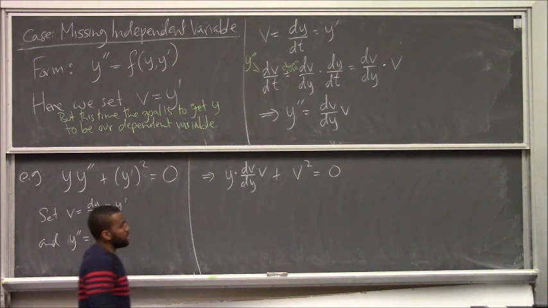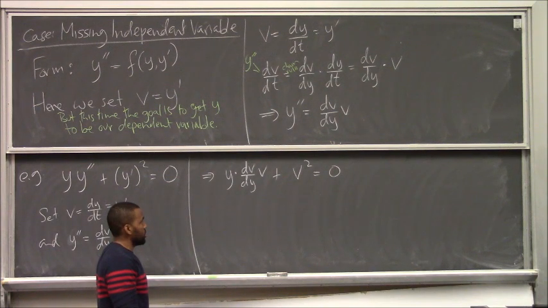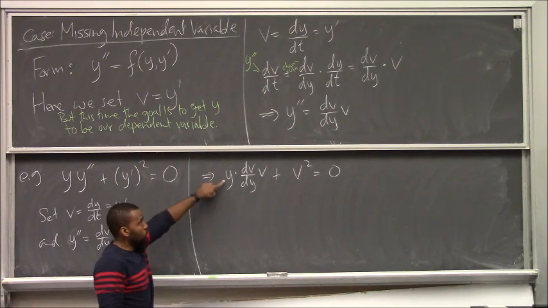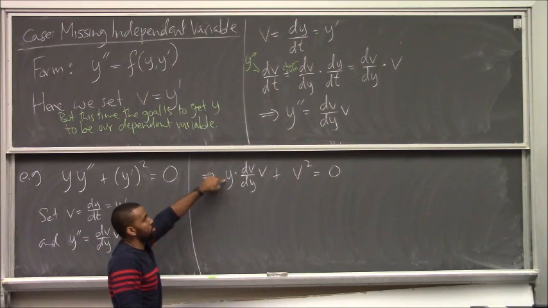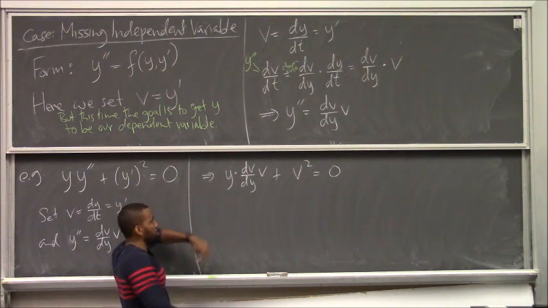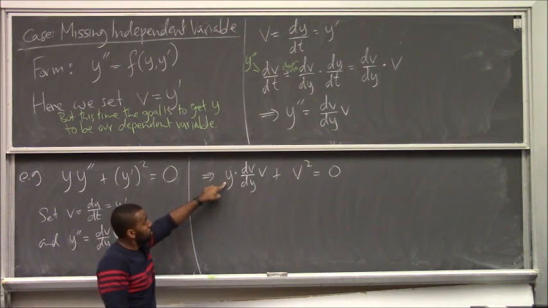You realize it's going to be kind of weird to look at this at first. What you want to realize here is that y is now your independent variable, meaning you're looking at it as if v was the y that we've always been using, and this time y is the t. By looking at it that way, you realize that we actually have a separable equation.